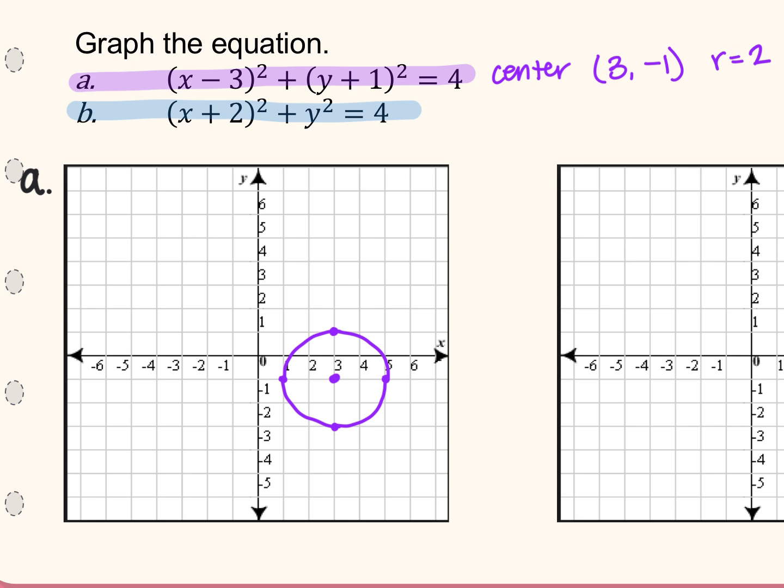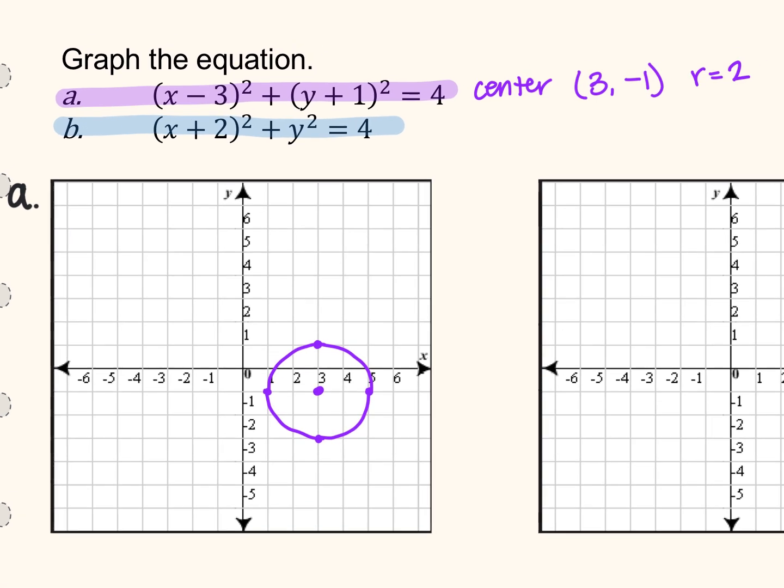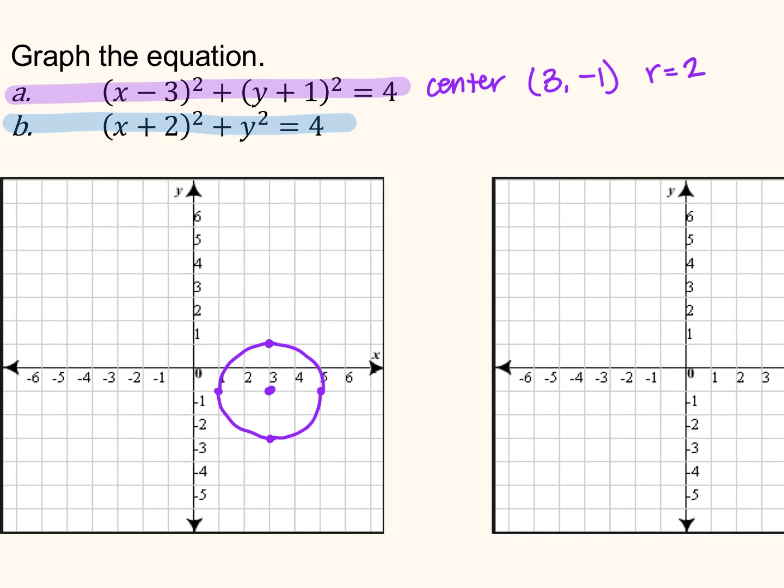And then looking at B, who could tell me what's my center for B? Okay, -2, what? Not 1, 0. -2, 0. And then my radius is, good, 2.